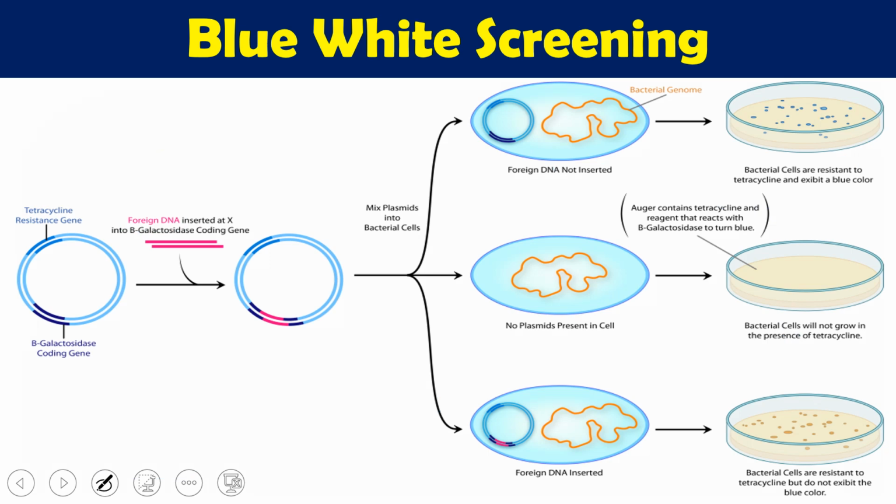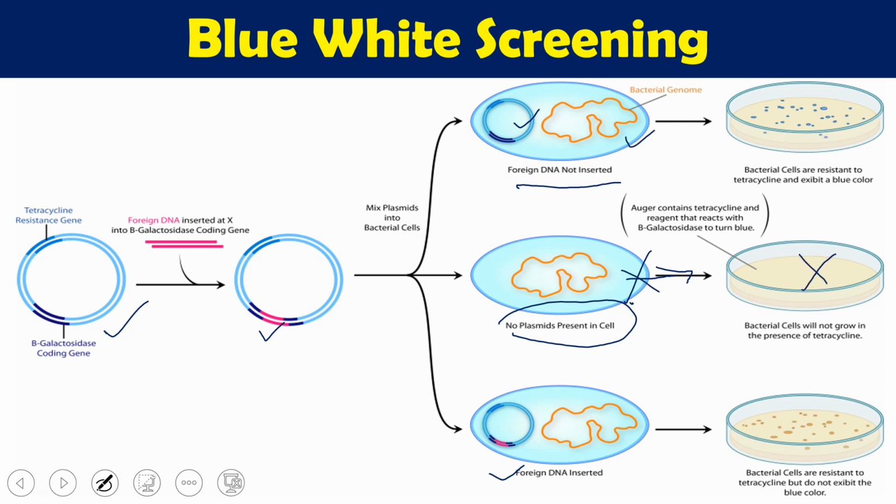So we have a plasmid here, where we have inserted our gene, and then there are three possibilities: foreign gene not inserted, a recircularized plasmid; nothing there, no plasmid taken up; and one where your foreign DNA is inserted. In the case where nothing is there, in the presence of ampicillin this bacteria will die, so no bacteria will grow.